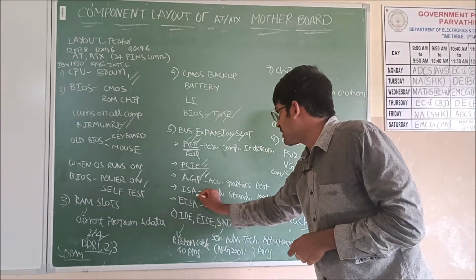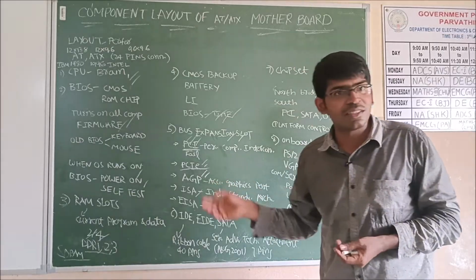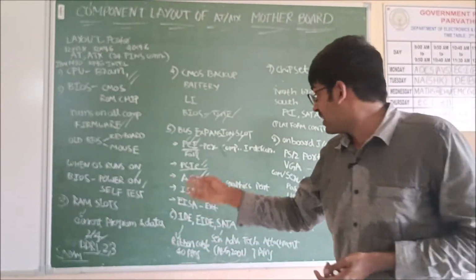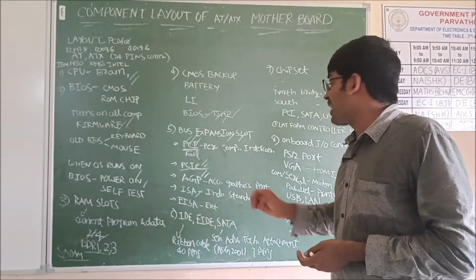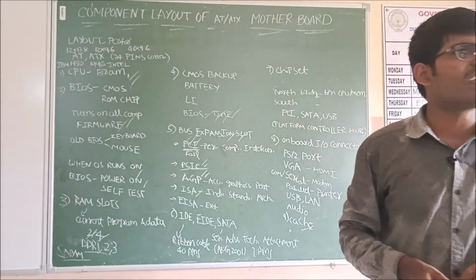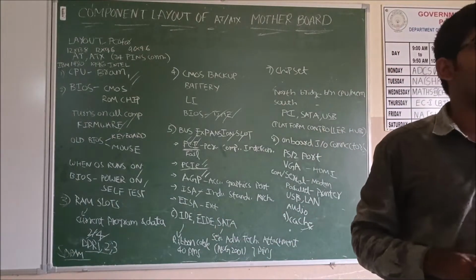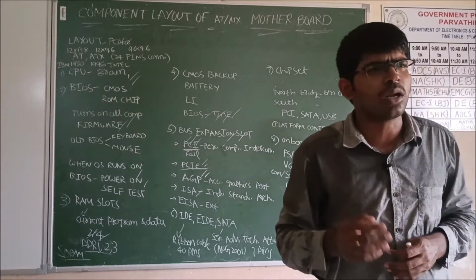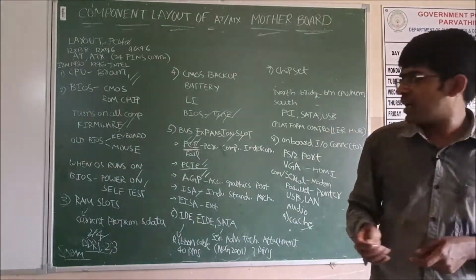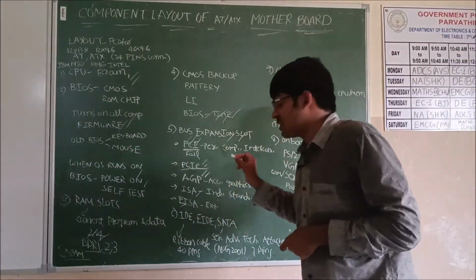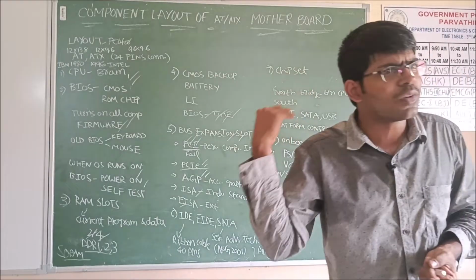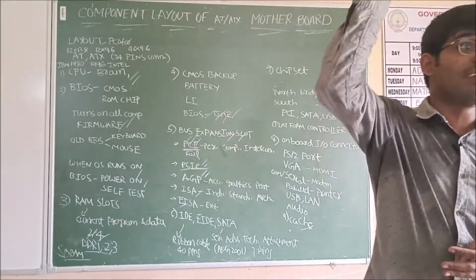And the next one is the ISA slot. ISA means Industry Standard Architecture. Industry Standard Architecture slots we are not using now. Previously they used 8-bit slots. Nowadays we are not using them. Extended Industry Standard Architecture, this also we are not using. But this is extended, sir.